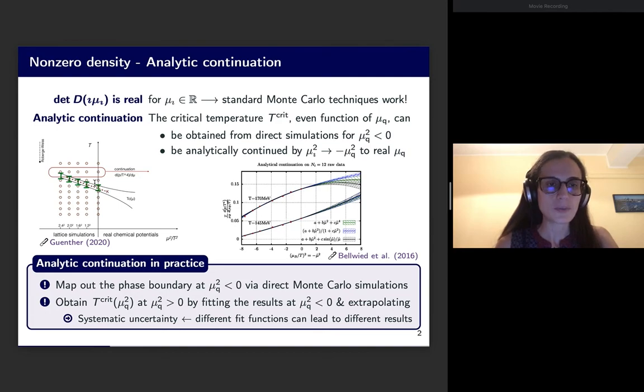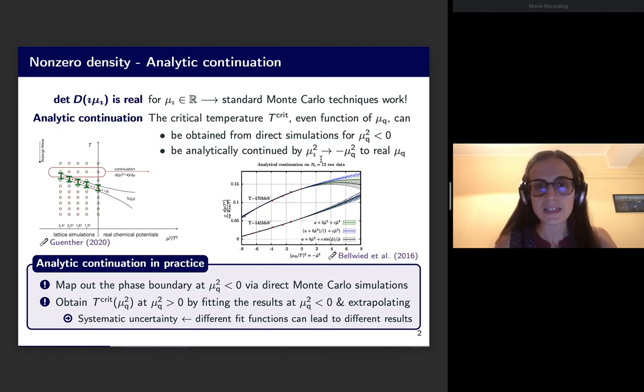And then one can obtain the corresponding values in the other half plane, where one has real chemical potentials, by fitting the results obtained in the first half plane and then extrapolating. Of course, there are systematic uncertainties to be taken into account because we don't have a clear ansatz for how this function should be fitted, and different functions can lead to different results.